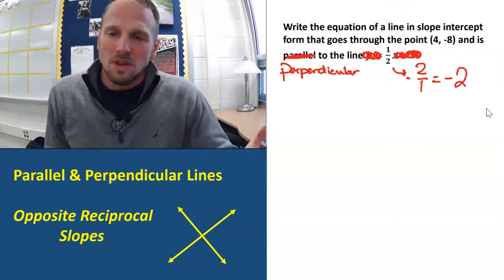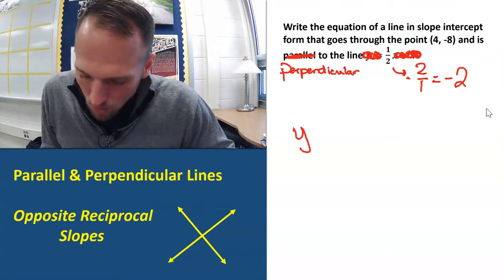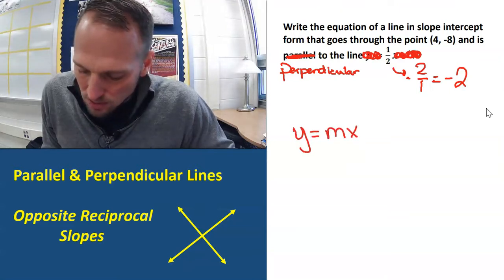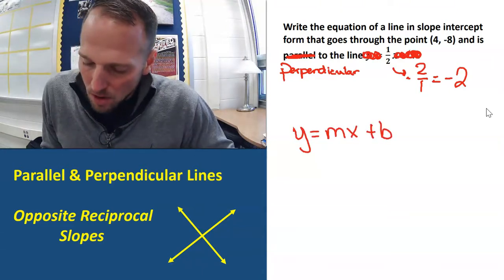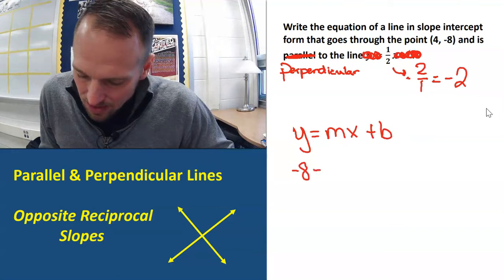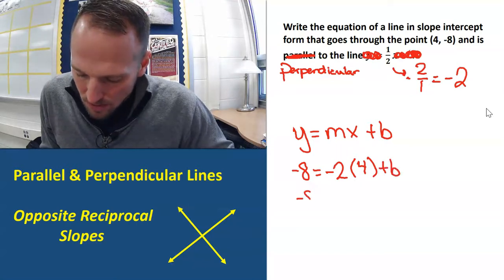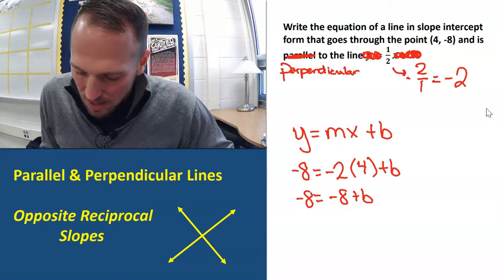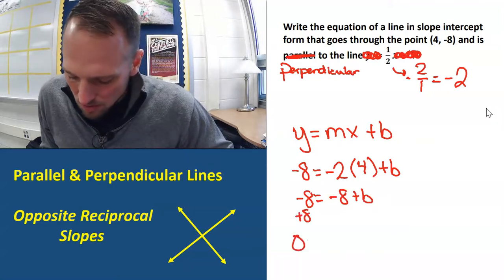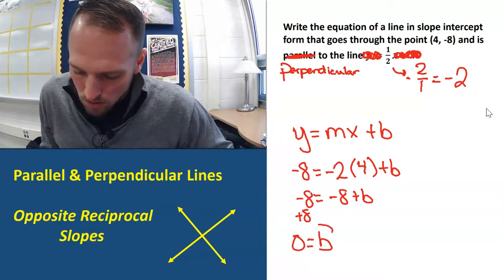All right, now we've done these problems lots, right? y equals mx plus b. Our y is -8, our m is -2, and our x is 4, plus b. So -8 is equal to -8 plus b. Add the 8 over, and we get 0 equals b.